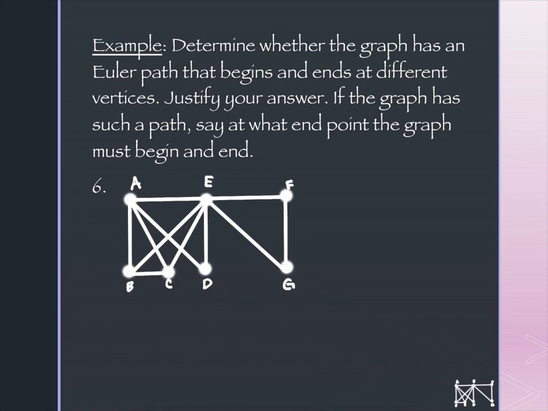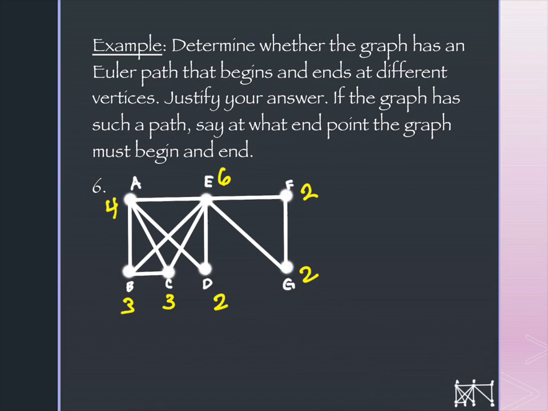We count the degree at the vertices. So what is the degree at A? It's 4. How about E? I think it's 6. F? 2. G is also 2. How about D? C? And B? 3. Will it have an Euler path? Yes, it will.